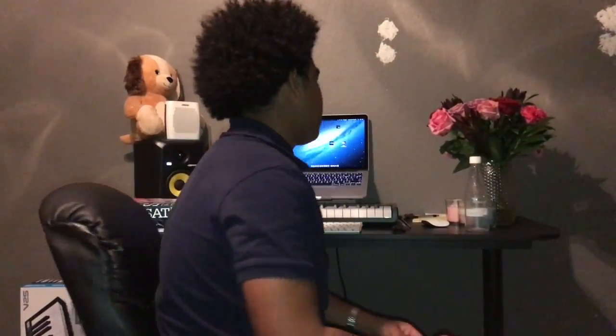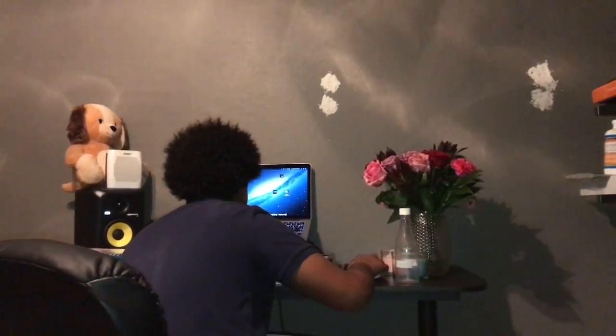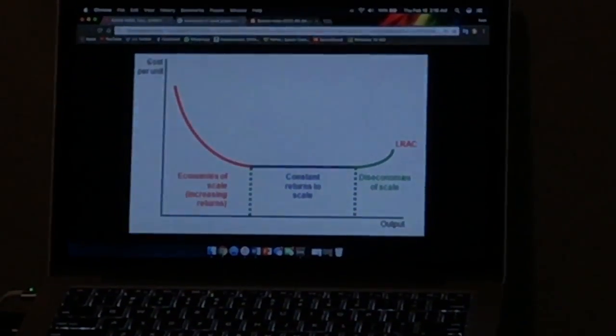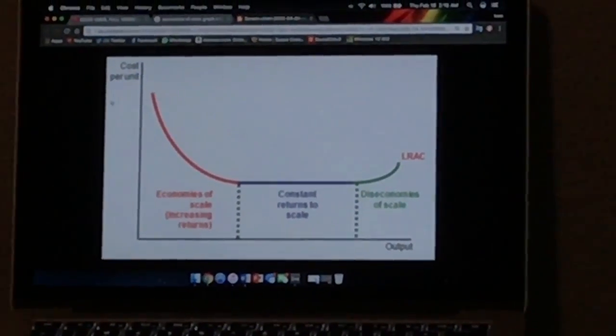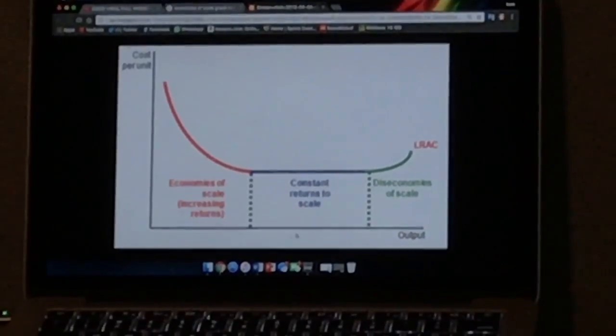So those two questions are pretty similar. Before we go on, let me show you what I mean by the slope. Camera, could you please zoom in? This axis will be the total cost per unit, and this will be the output.